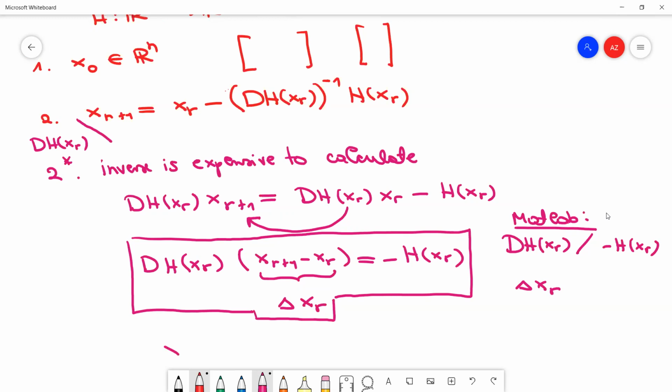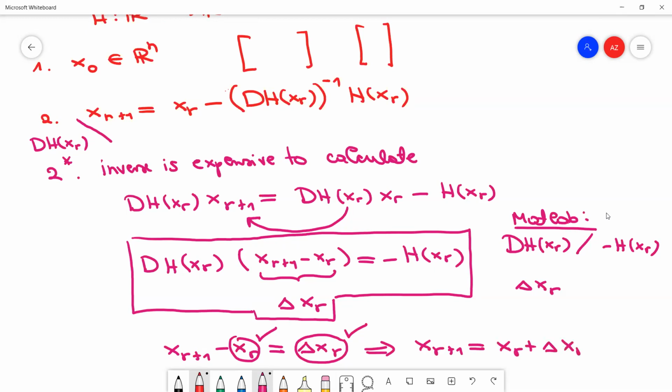And then how to get XR plus 1. So XR plus 1 minus XR, this is by definition delta XR. So we know XR from the previous step. We calculated delta XR, and hence we have XR plus 1 is XR plus this step delta XR. And this is how we do Newton's method in a more stable way.